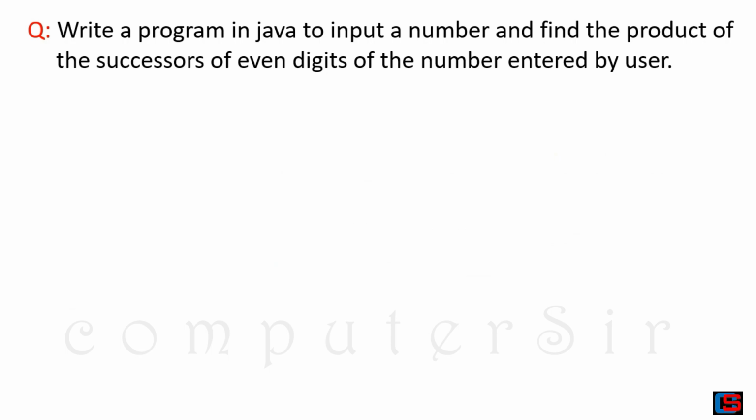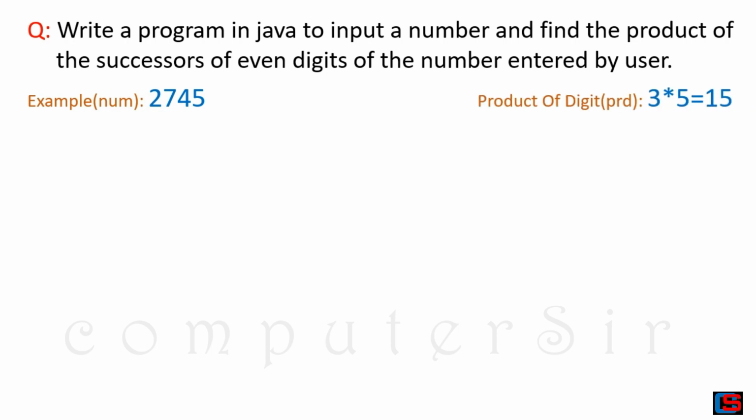Okay, so let's take an example. The example is 2745. The even digits are 2 and 4, which are present in the number entered by the user, 2745. 7 and 5 are not even digits, so 2 and 4 are the even digits, and successor means the next number of 2 and 4.